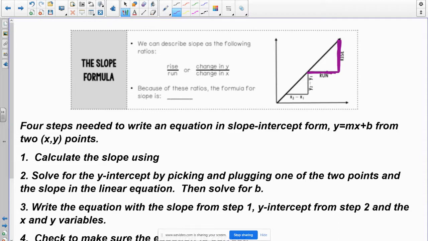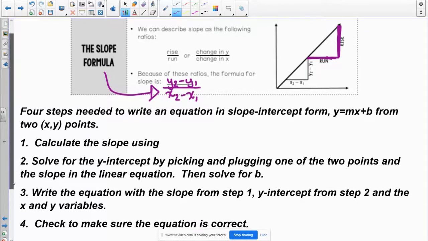And because you can also name it from those 2 points, we're going to use the equation y2 minus y1 over x2 minus x1. And this is the slope formula that we'll be using in part A.